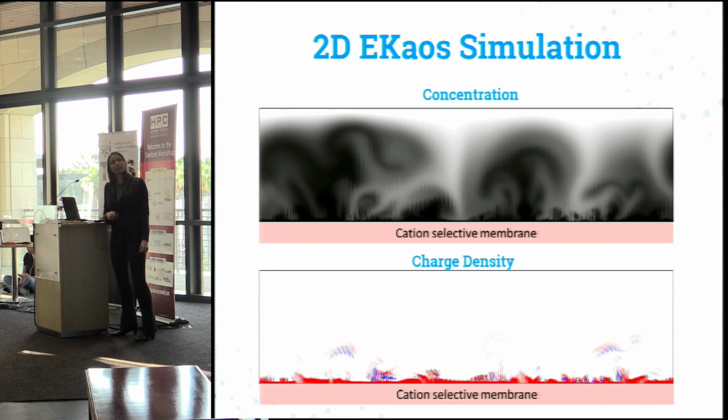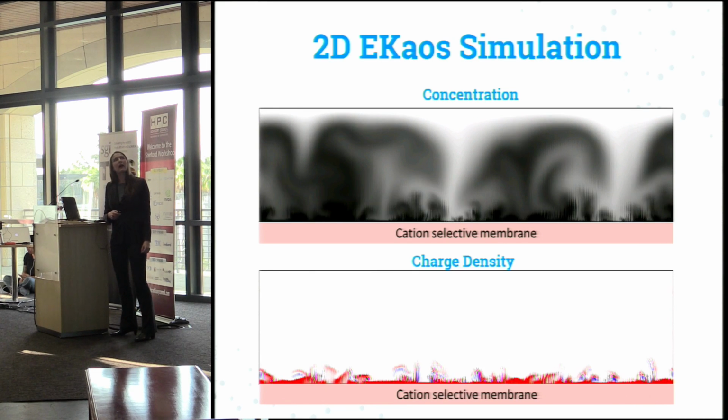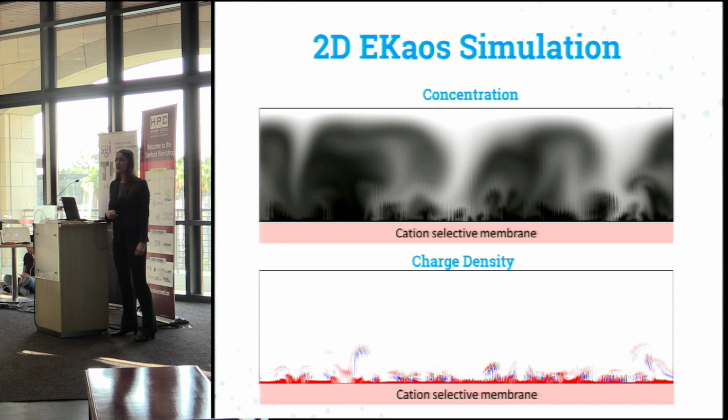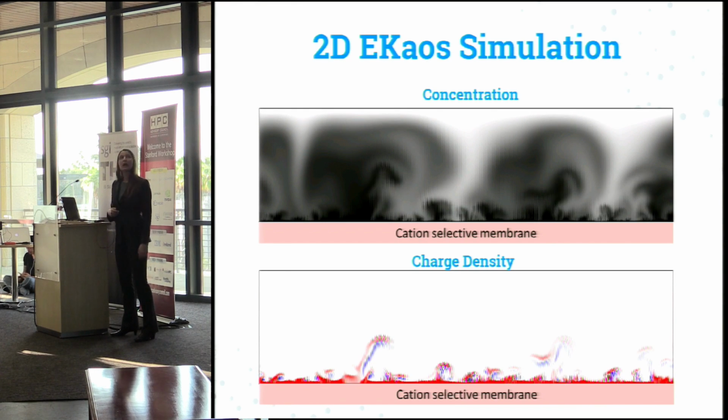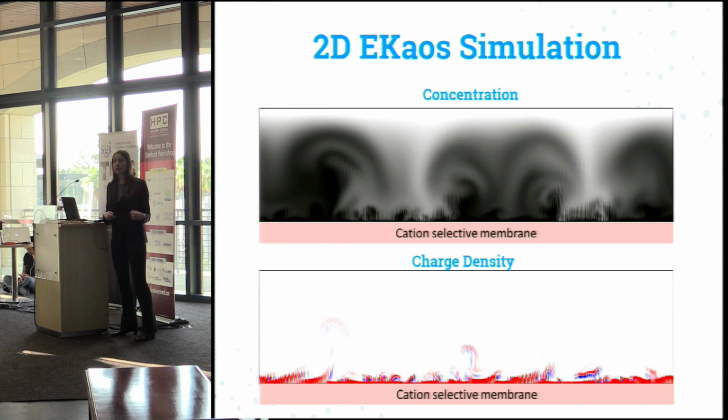These are movies from one of the 2D simulations. At the top, we have the concentration field. White indicates high concentration, and black indicates depletion. As I mentioned, this is a simplified problem, so we don't have any crossflow here.